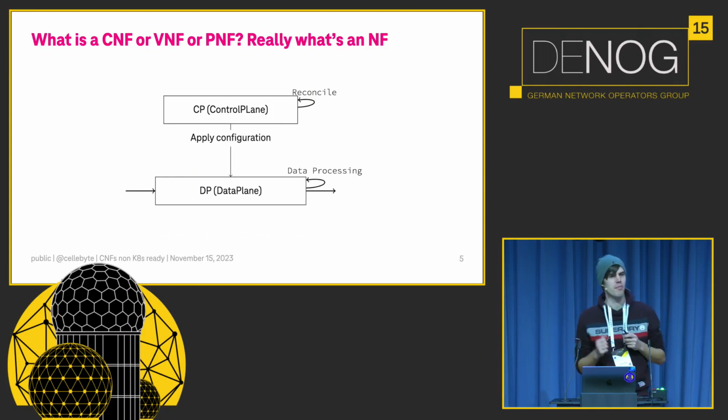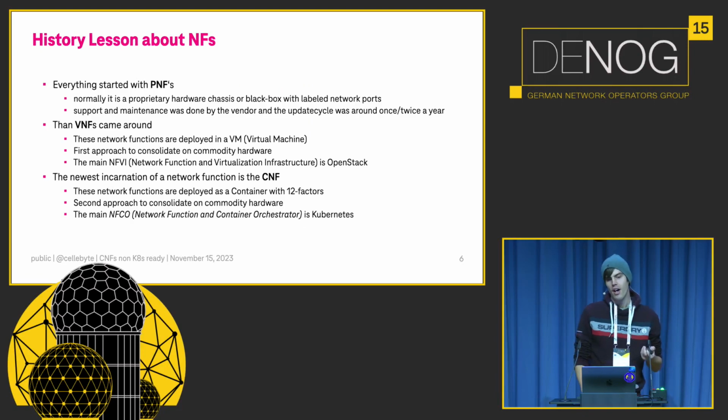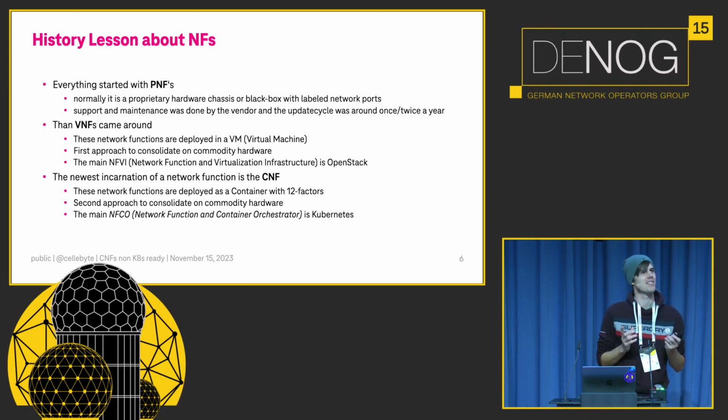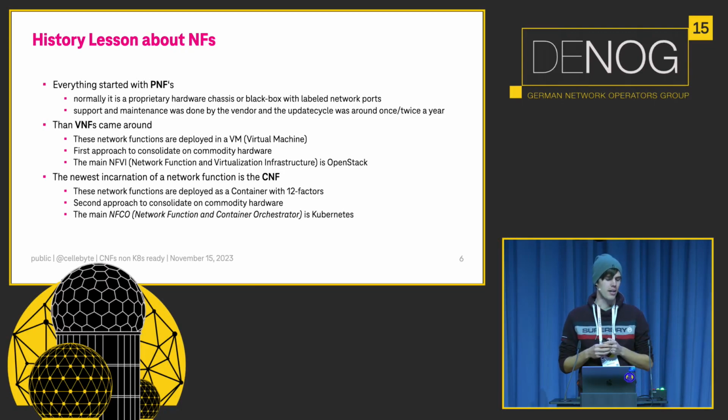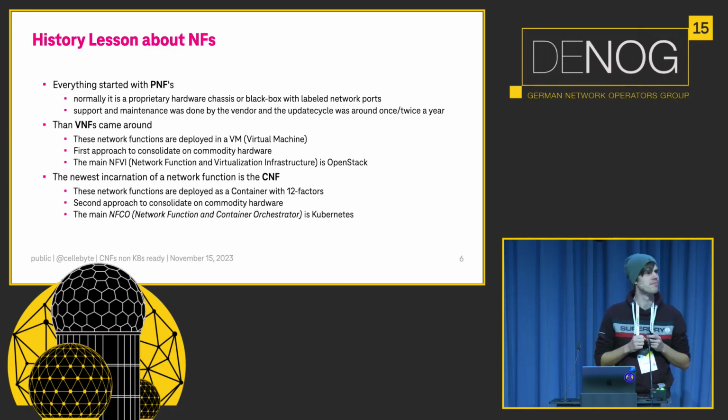And then people thought that it's nice to just put it on a platform and not have different hardware boxes in the data center. So they said, nice, we could virtualize it.